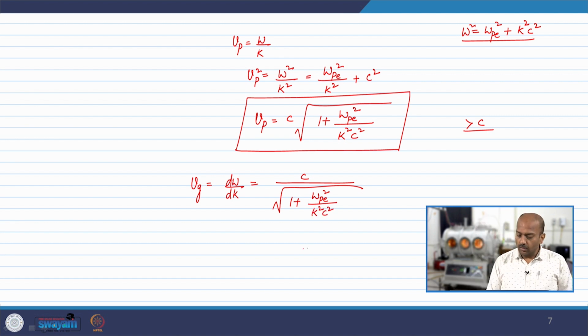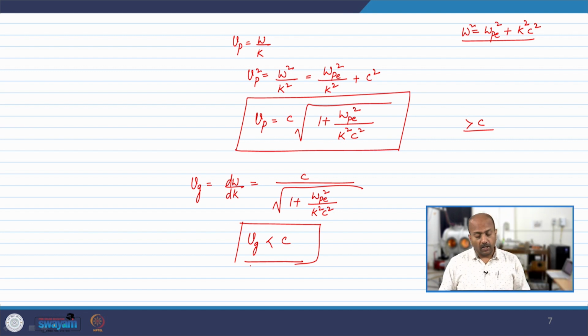Here you will see for yourself that Vg is always less than c, and Vg can reach the limit of c only when you do not have plasma, that is, when the plasma frequency becomes 0.